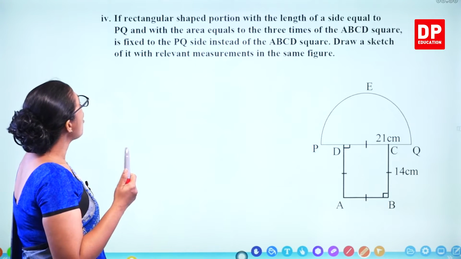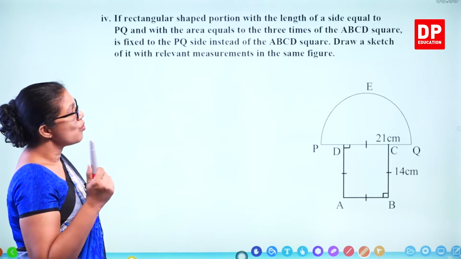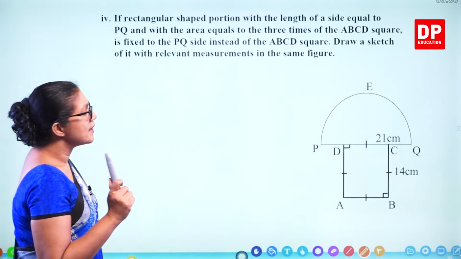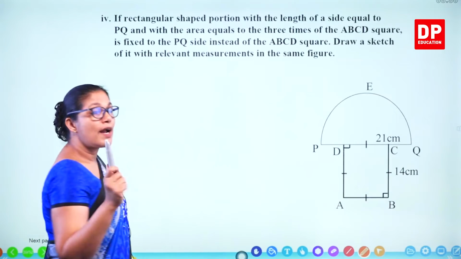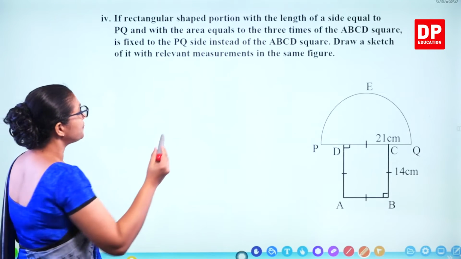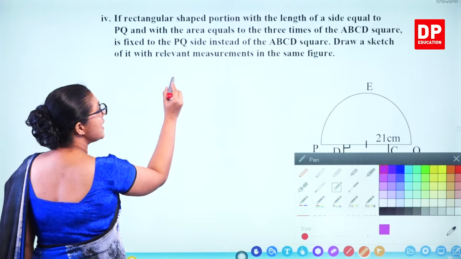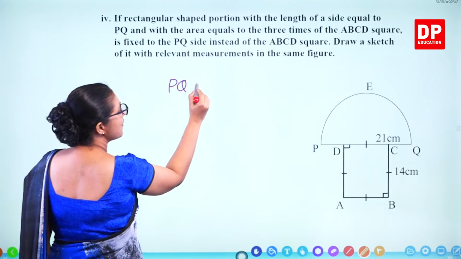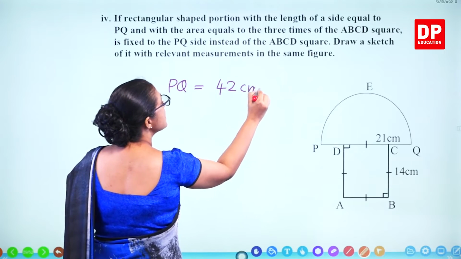Draw a sketch of it with relevant measurements in the same figure. So how do you find out the width? Now we know the length of this is 21 and 21, that's 42 centimeters. So 42 centimeters is this PQ length.